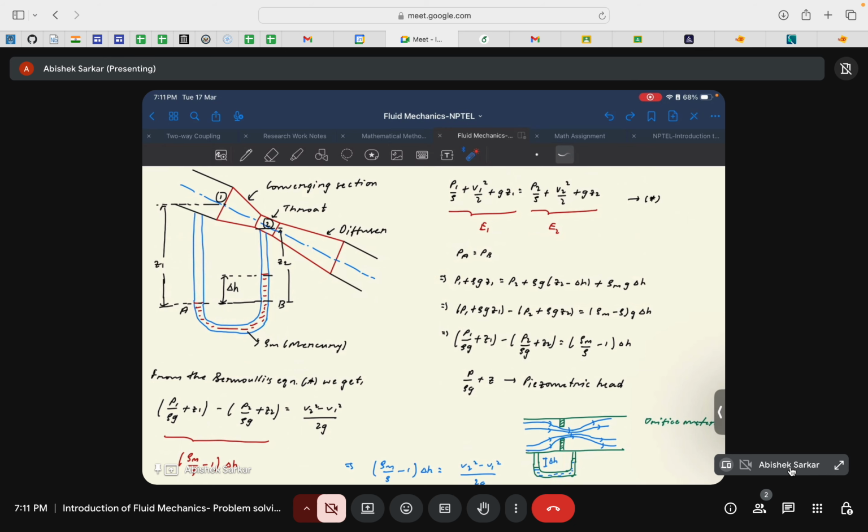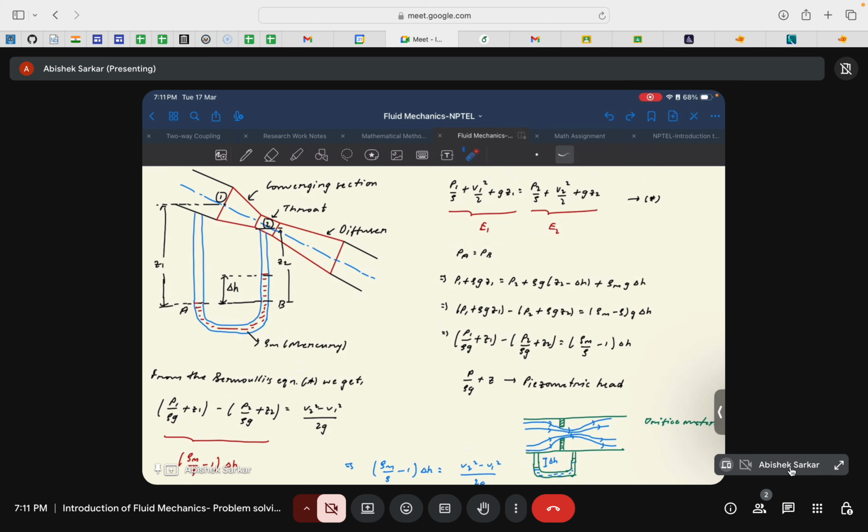The reason behind rearranging the terms this way was to represent Bernoulli's equation in terms of the piezometric head. We know that the static pressure head plus the gravitational head gives us the piezometric head. So P by rho g plus Z gives us the piezometric head.